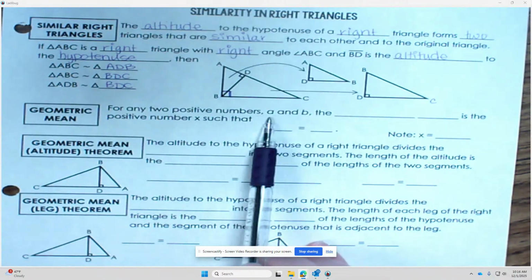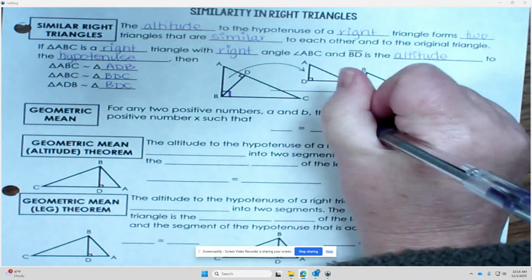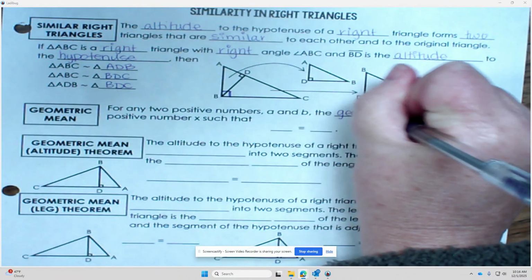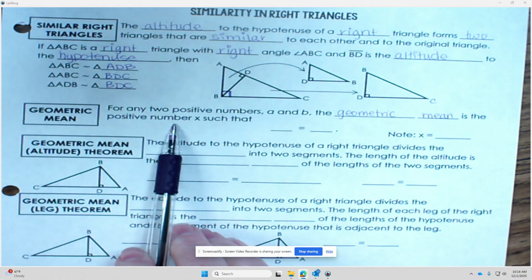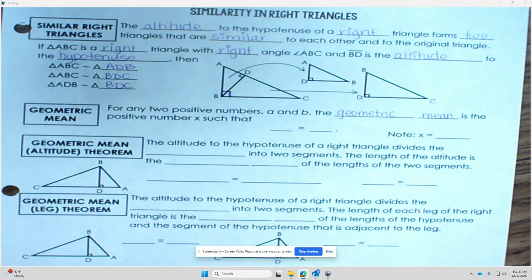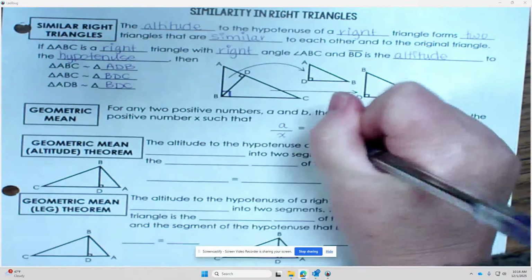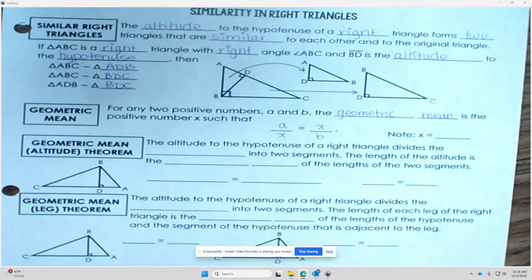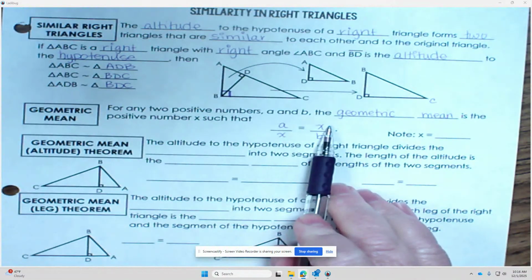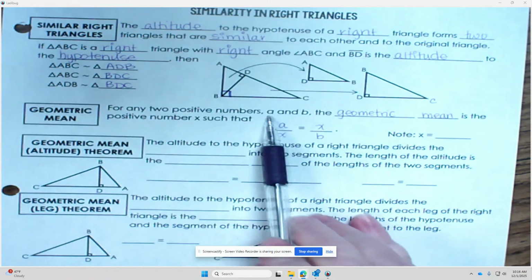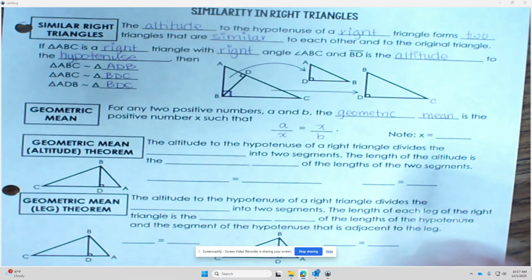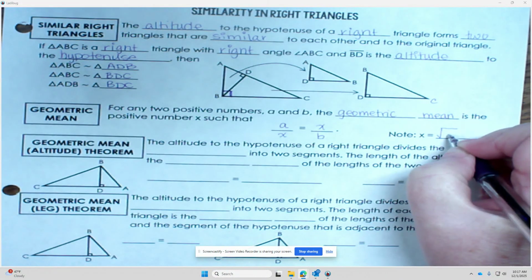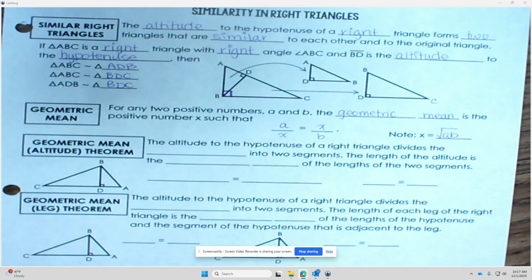For any 2 positive numbers, A and B, those are our 2 numbers, the geometric mean is the positive number x such that A divided by x is equal to x divided by B. So our geometric mean x, we can find it for the 2 numbers A and B by saying A divided by x is equal to x divided by B. Note that when we solve this, we end up with x is equal to the square root of A times B.